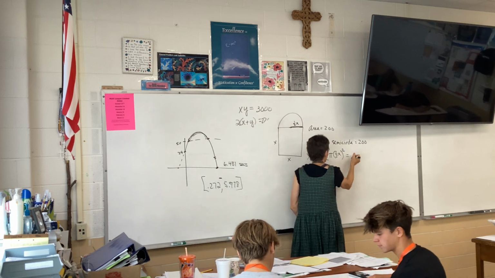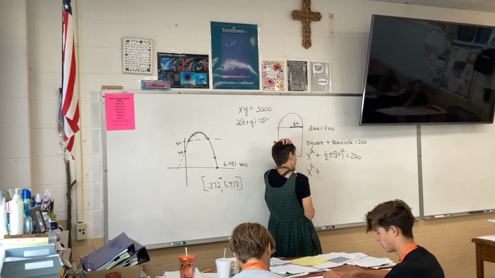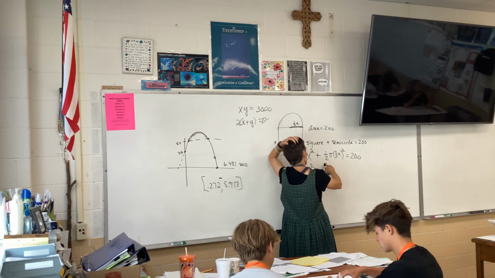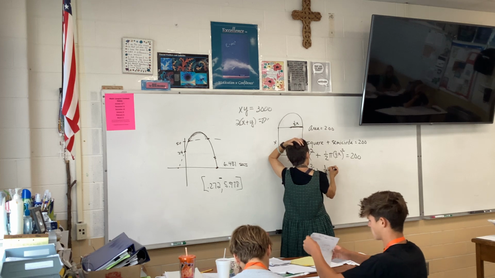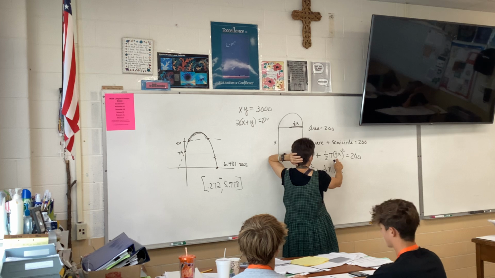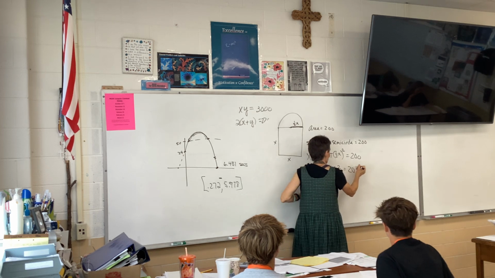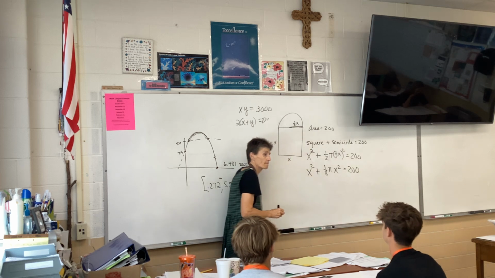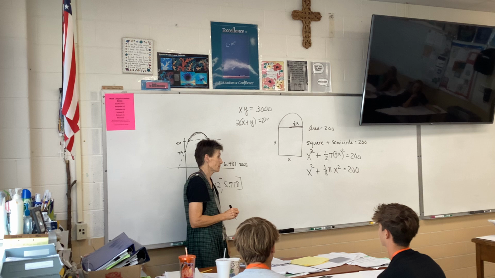And that has to equal 200. So x squared plus, okay, 1/2 times 1/4, that's 1/8 pi x squared. This is 1/4, there's a square in it. So x squared plus 1/8 pi x squared has to equal 200, right?